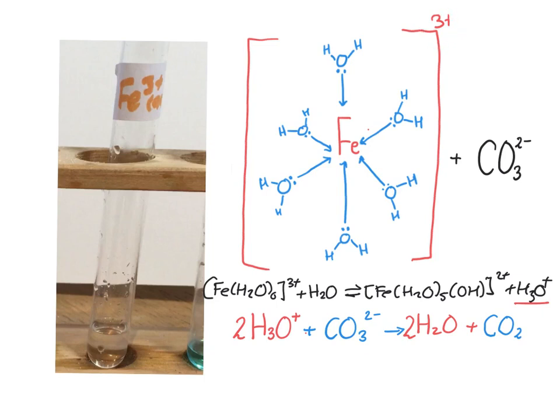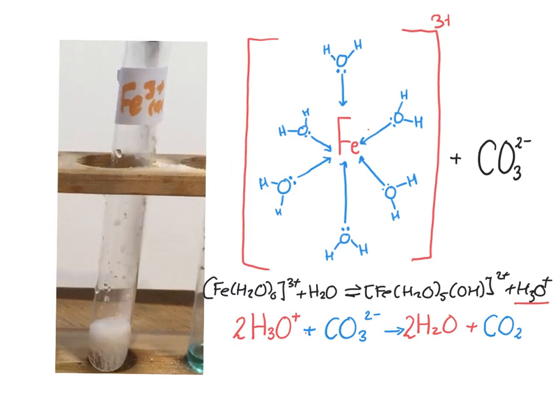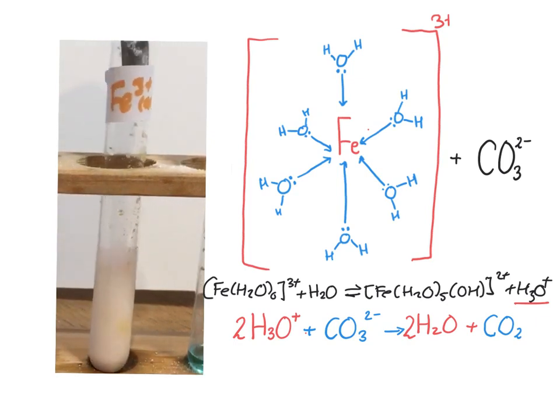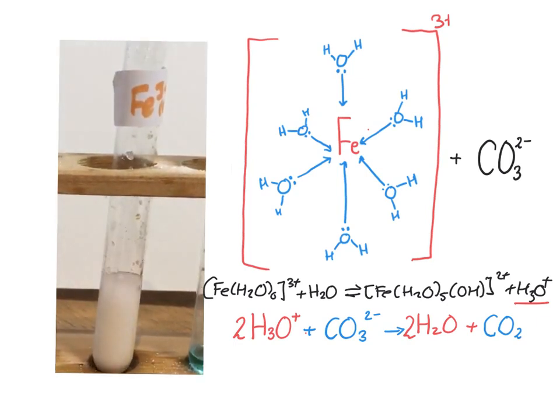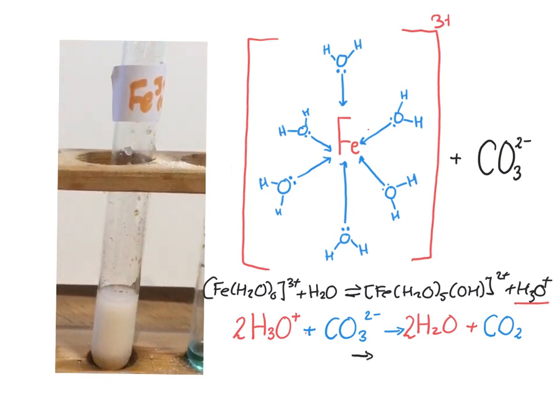And when it's got no charge, it can no longer be soluble. And therefore, the identity of that precipitate that was left behind, as we can see here, the iron 3+ reacting with the carbonate, must have been Fe(OH)3, where it had lost 3 protons.